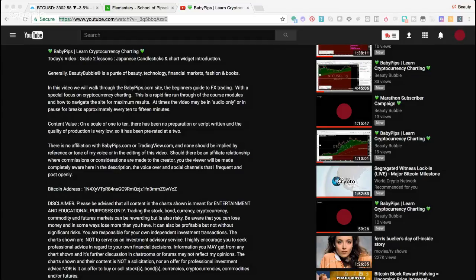You are responsible for your own independent investment transactions. The charts shown are not to serve as an investment advisory service. I highly encourage you to seek professional advice in regard to your own financial decisions. Information you may get from any chart shown and its further discussion in chat rooms or forums may not reflect my opinions.